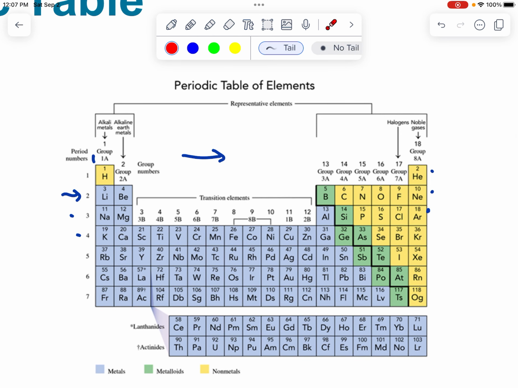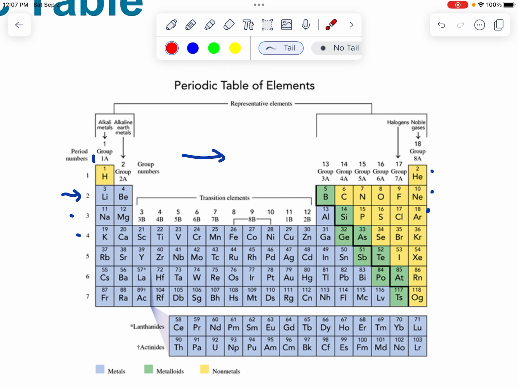Notice that there are names at the top of each column. And I should point out that each column is called a group. So columns are groups, and it turns out that chemicals behave more chemically similar when they are grouped within a column or a group.